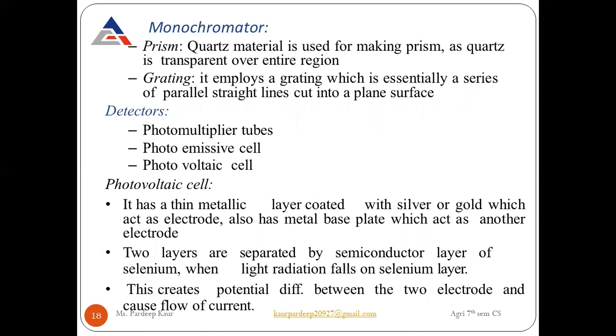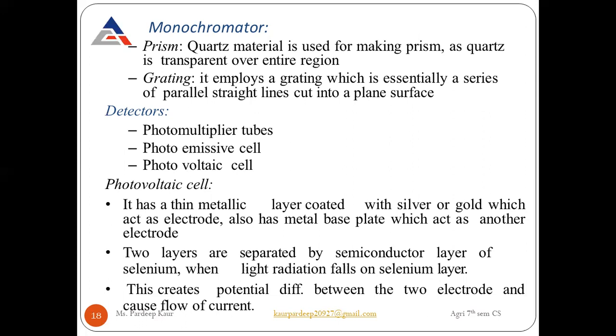Next one is the detector. The detector is used to show the readings, so it is a readout device. In the detector, photomultiplier tubes, photoemissive cells, and photovoltaic cells are used.